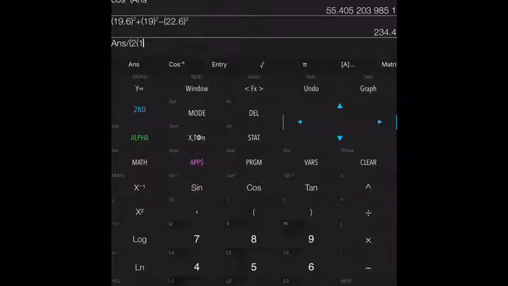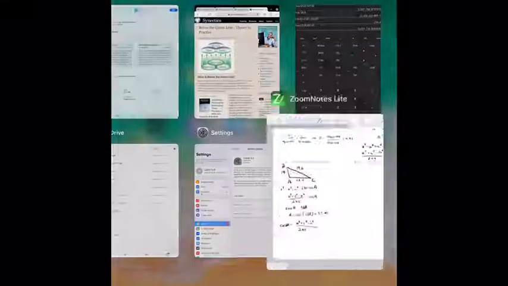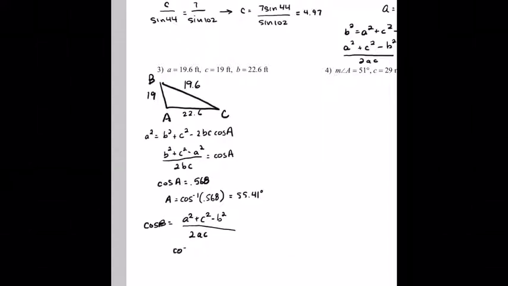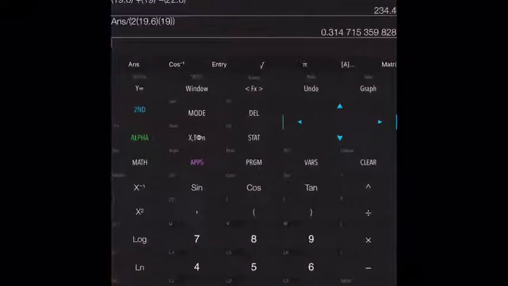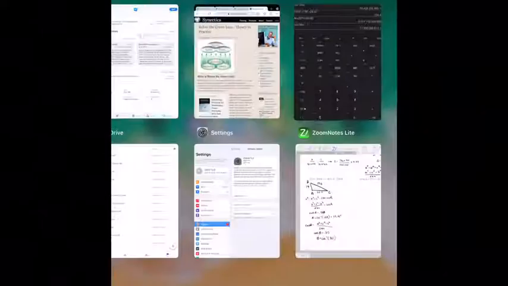So parentheses 2ac, 0.315. So cosine B is 0.315, and then B is going to be the inverse cosine of 0.315. That's 71.66 degrees.